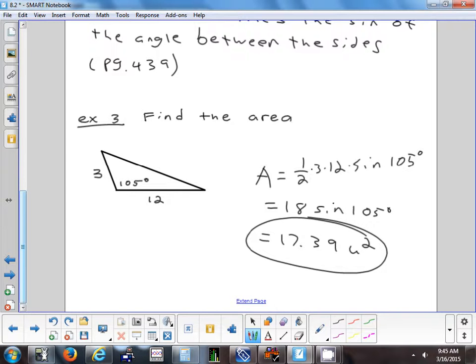Okay, any question on finding the area of a triangle given 2 sides and an angle? It's kind of like law of cosines, side, angle, side. And in fact, if you didn't remember this formula, you could go through and find other information here, solve this triangle, and maybe you could figure out what the height actually is.